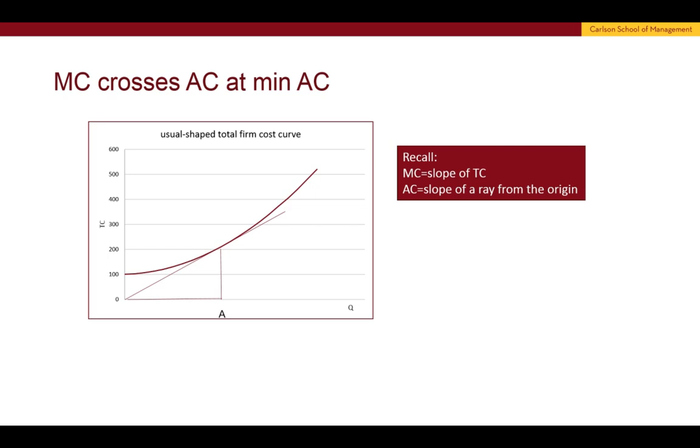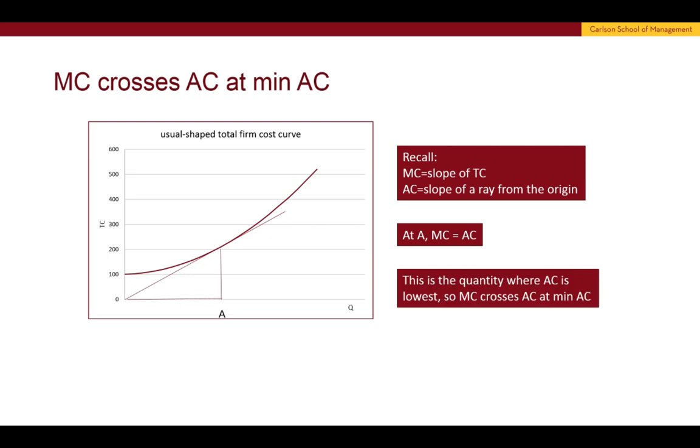So there's something special about that point A, that quantity A, which you may recall was the minimum. It's going to be the quantity with the minimum average cost. What's true about that point is that at A, marginal cost equals average cost. Because this is the quantity where AC is lowest, and so MC crosses AC at the minimum of AC.